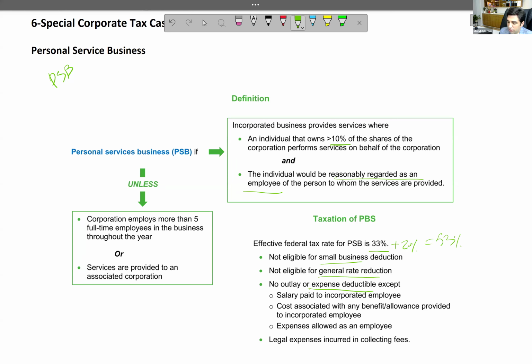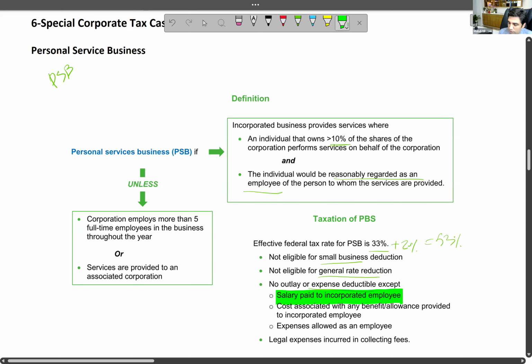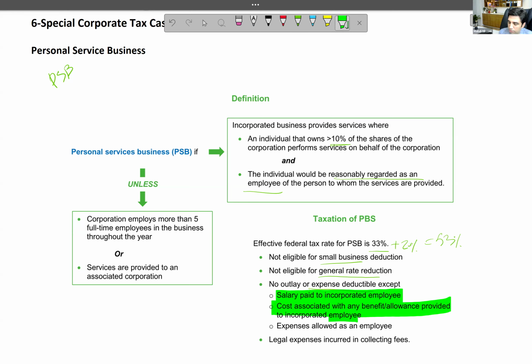The only expenses that you can claim are first the salary of staff, employees that you have, costs associated to the benefits provided to the employees, and expenses allowed as an employee, like technically they are recharacterizing your income as an employee. So if as an employee you are eligible to deduct some expenses, you can deduct them here.